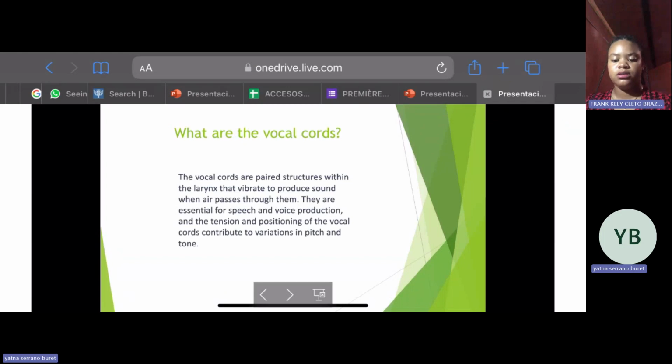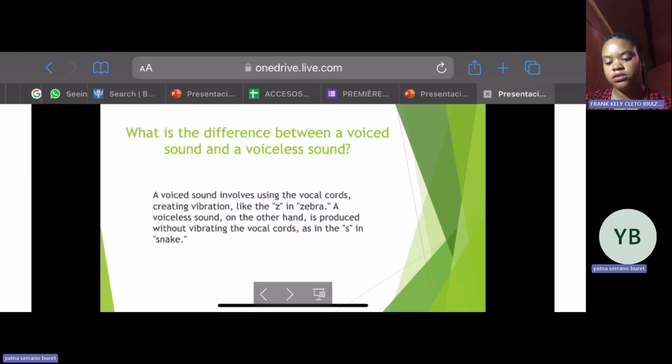The vocal cords are paired structures within the larynx that vibrate to produce sounds with air passing through them. They are essential for speech and voice production. The tension and position of the vocal cords contribute to variation in pitch and tone.